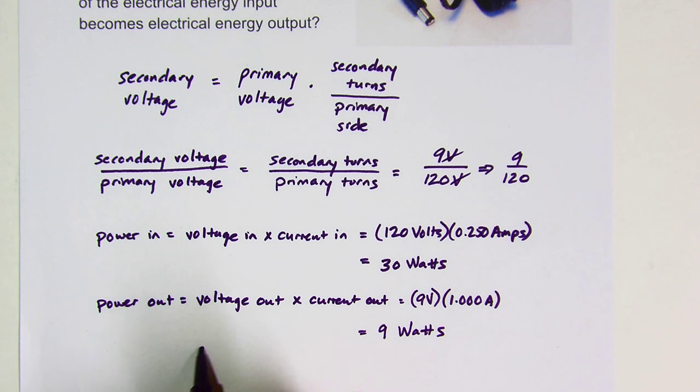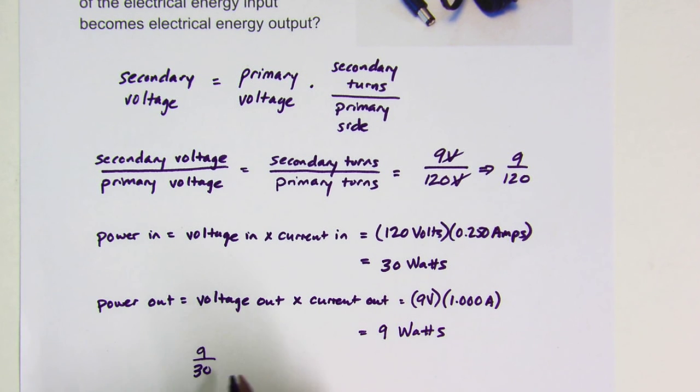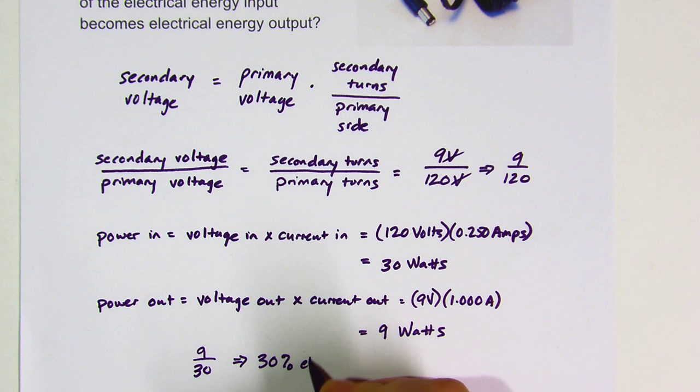So only 9 out of 30 becomes electrical energy, and the rest is going to be dissipated as heat in the system. 9/30 is 0.3, so that means 30% is electrical energy output.